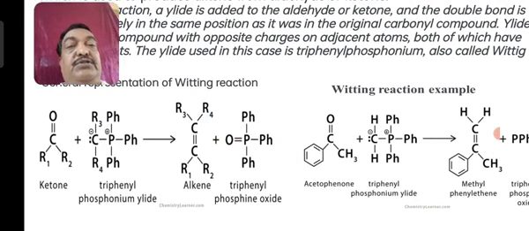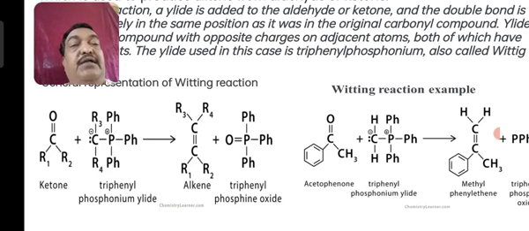You can see the structure: carbon with a negative charge having a lone pair of electrons, where R3 and R4 are two different groups, attached to phosphorus with three phenyl groups, three aromatic rings. This molecule is called a ylide, that is triphenyl phosphonium ylide.